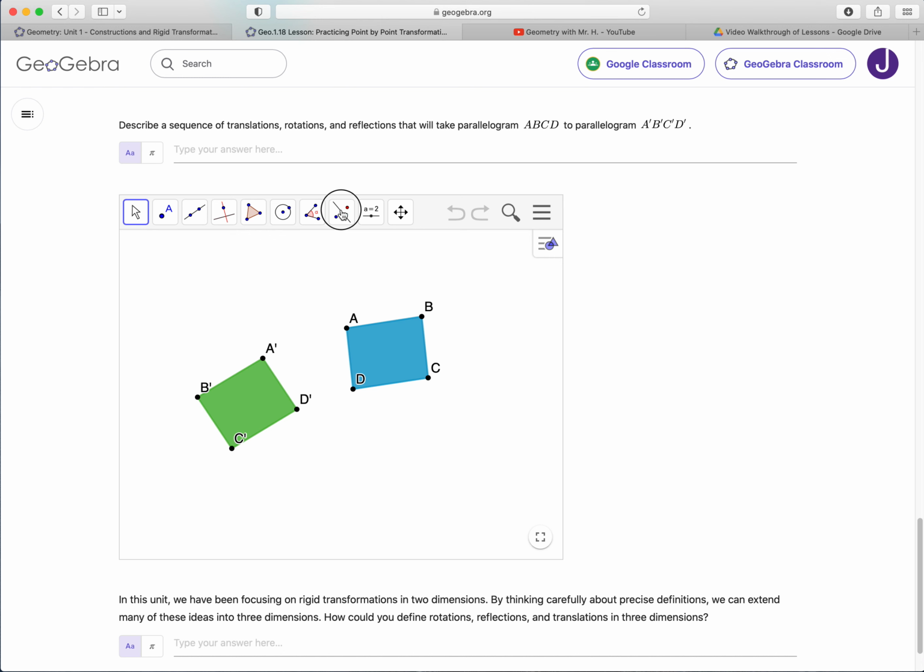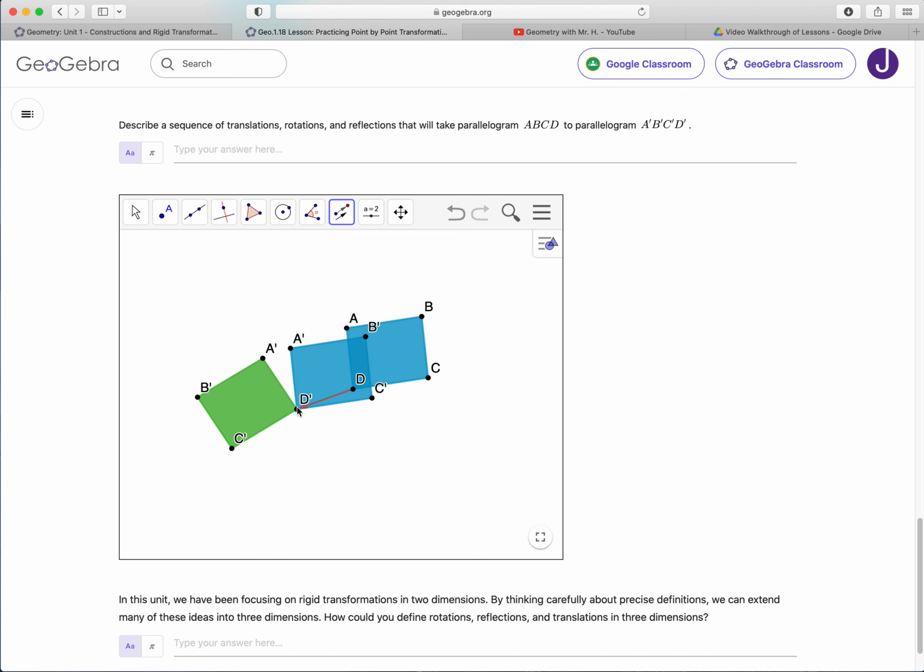So here we go. Starting off, we will translate this from D to D prime, and that slides it over. Then I'm going to rotate this object. Oh, you know what? We need to measure it first because we don't know this angle yet. So we're going to go from this A prime to that D prime and then up there to that A prime. And it's going to tell us a number that we still can't read because the letter's in the way.